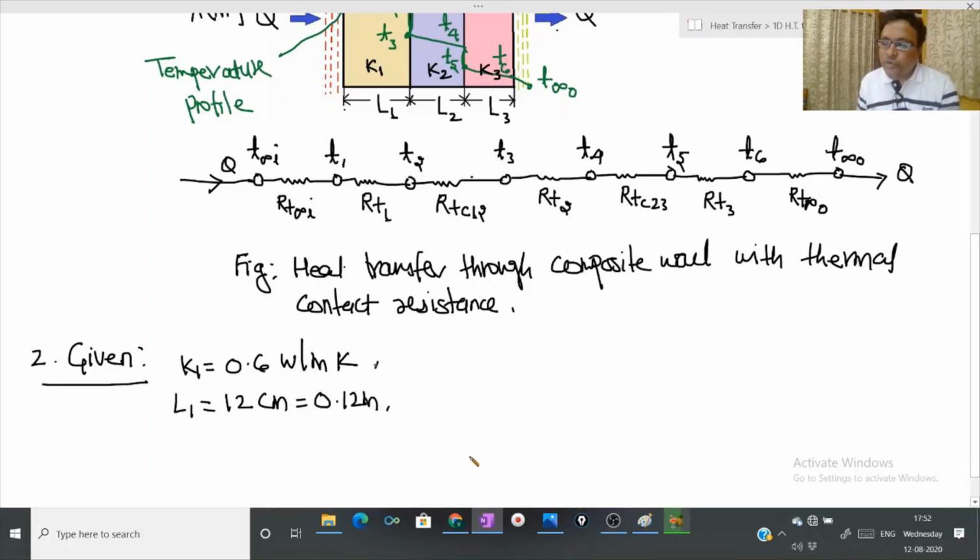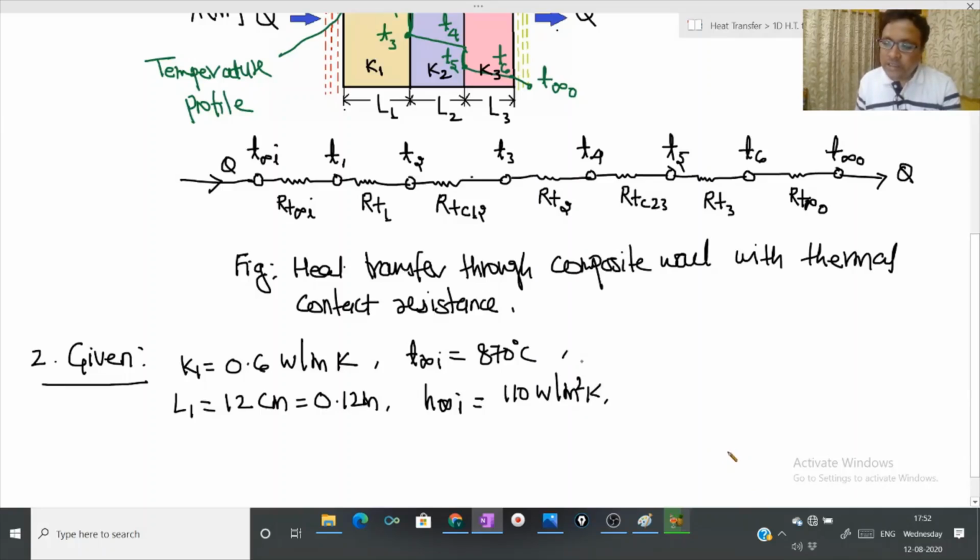Then it is exposed to gases at 870 degrees Celsius. So I have been given the temperature of hot gases T infinity I as 870 degrees Celsius, and its convective heat transfer coefficient value is given as 110 watt per meter square Kelvin.